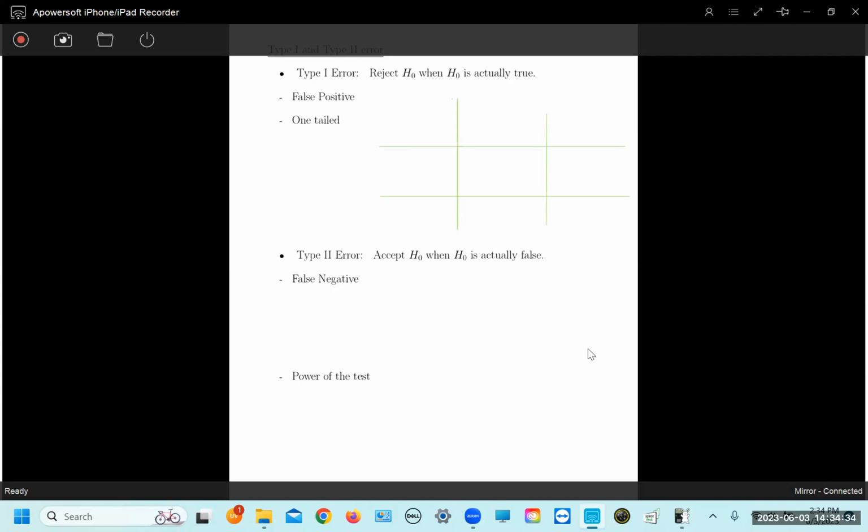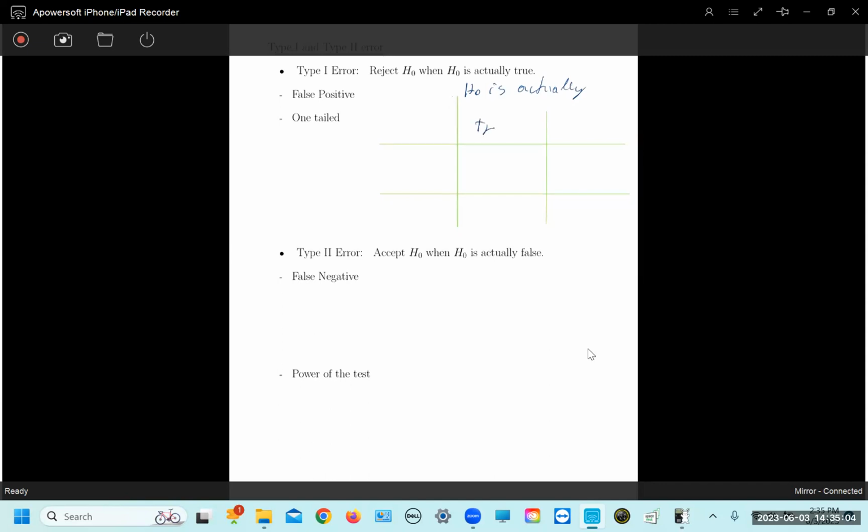Type 1 we check: H0 is accurate. So this one we have true, and this one we have false.